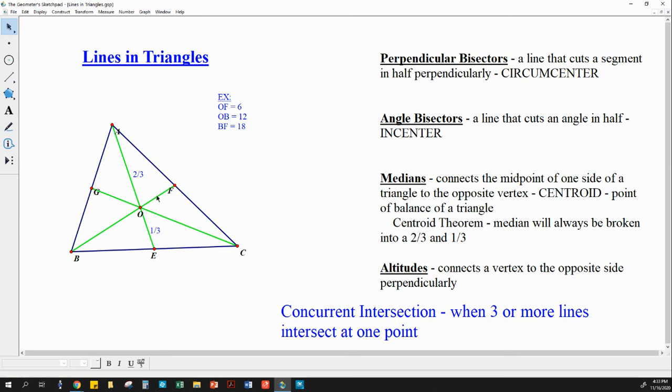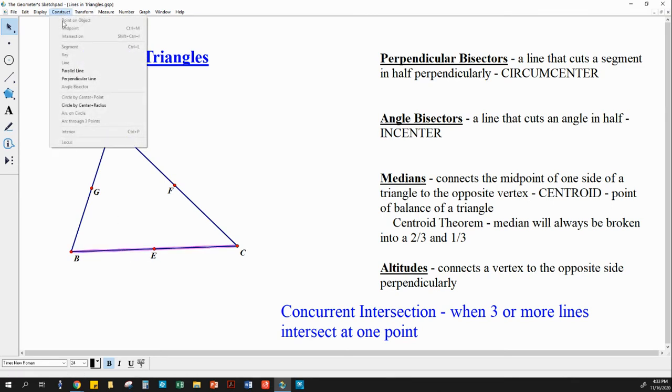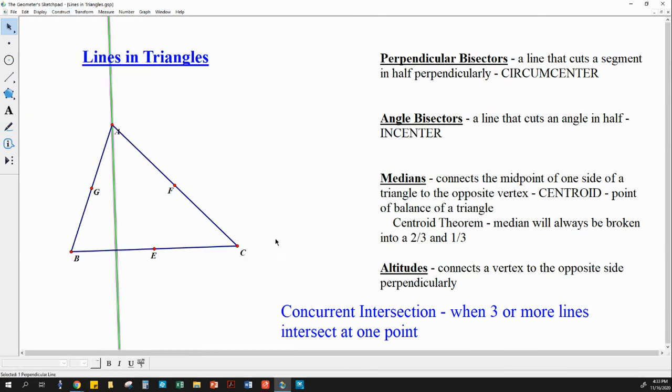That's medians. And the last one: an altitude connects a vertex to the opposite side perpendicularly.